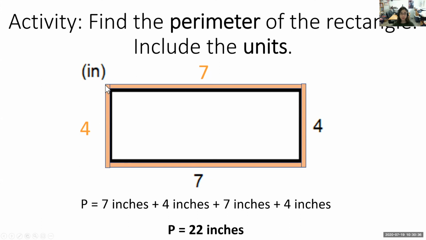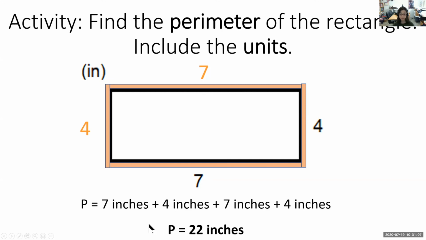For example, I could have started with this width, 4 inches plus 7 inches plus 4 inches plus 7 inches, and it gets me the same answer. As long as I'm adding up all of the sides, all of the lengths and widths, I'll still get the same answer. So when I add these numbers together, I get 22 inches. So my perimeter for this rectangle, this quadrilateral, this parallelogram, is 22 inches.